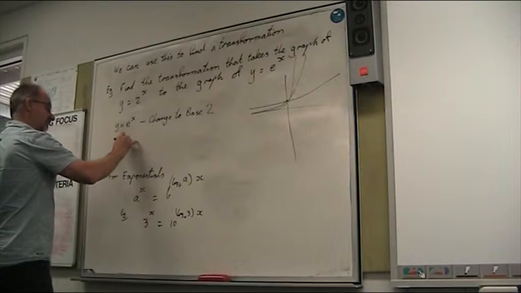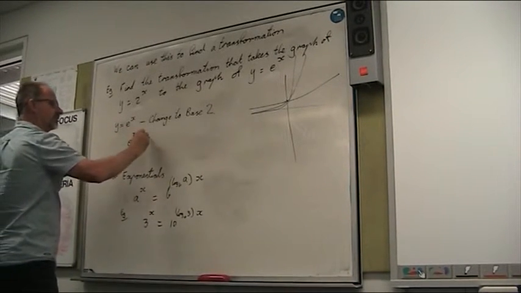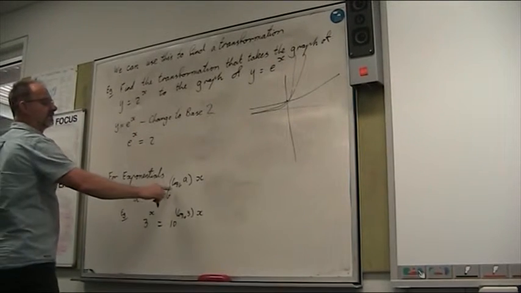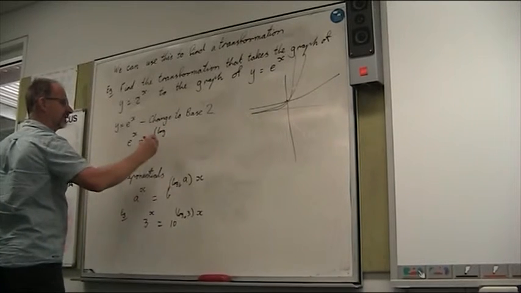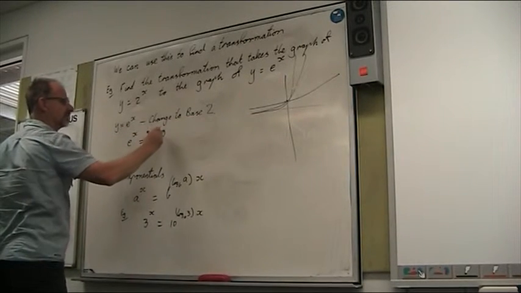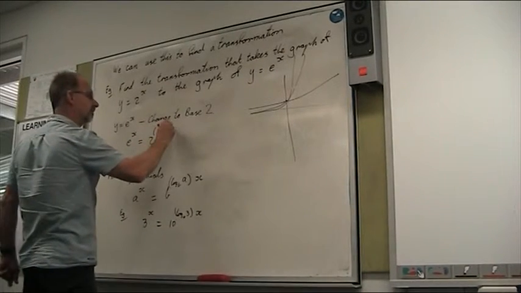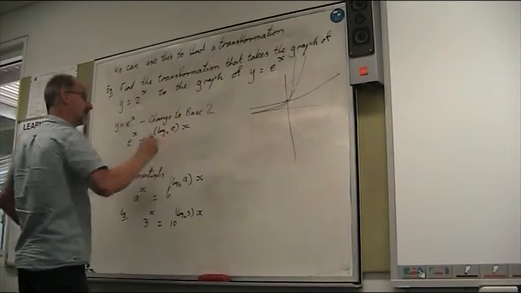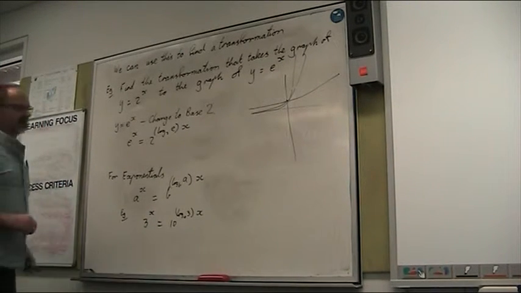So if we have e to the x and we follow this, we want 2 to the power of something. 2 to the power of what? Log to the base b, which is 2, of the old base, which was e, times x.